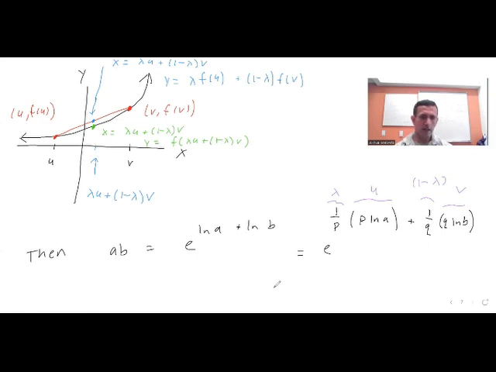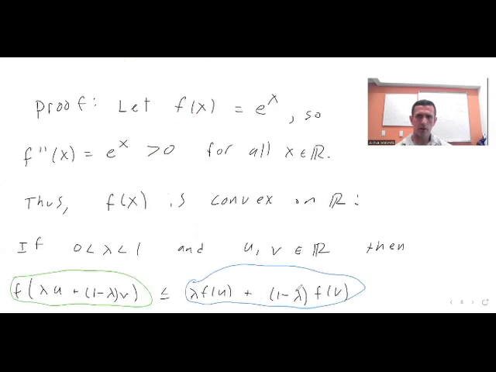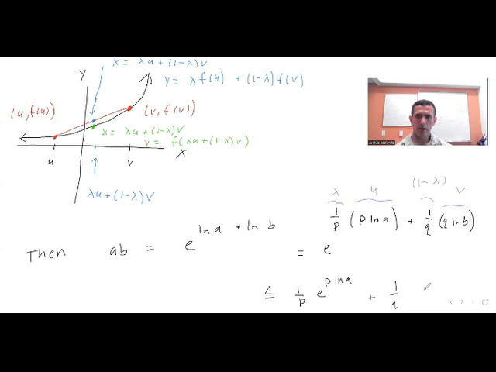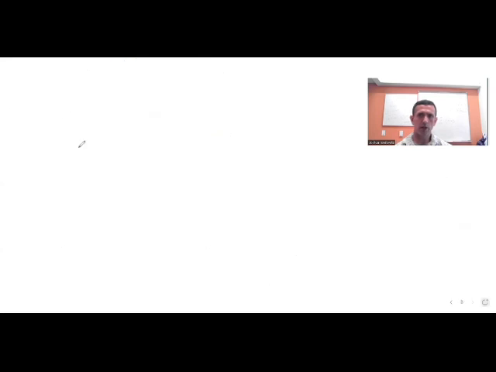So convexity says this is less than or equal to lambda f of u plus 1 minus lambda f of v. f of v is e to the q ln b. So that's equal to 1 over p a to the p plus 1 over q b to the q.